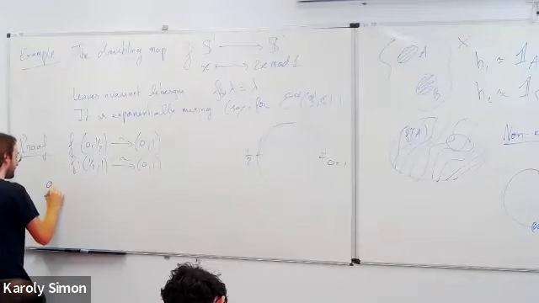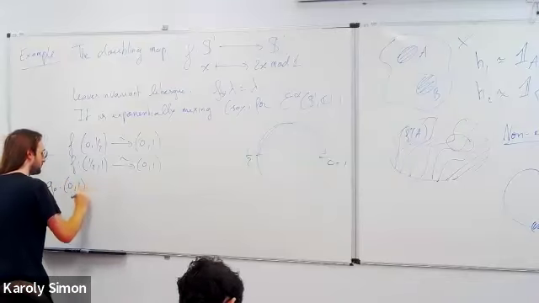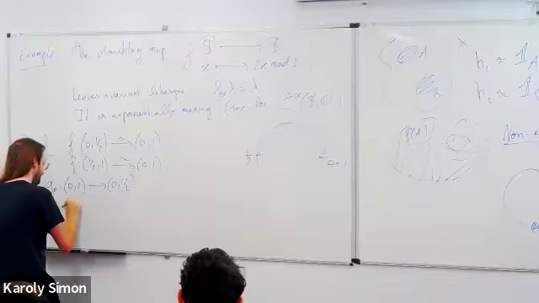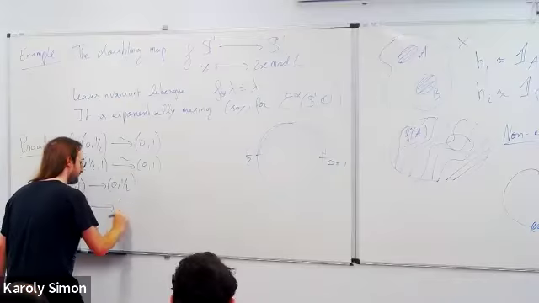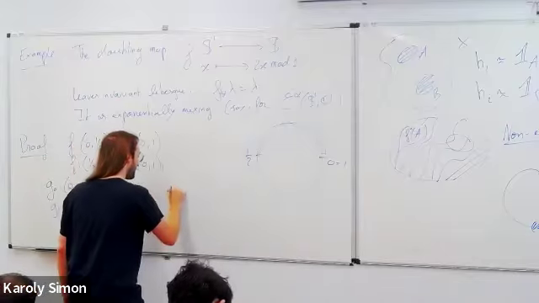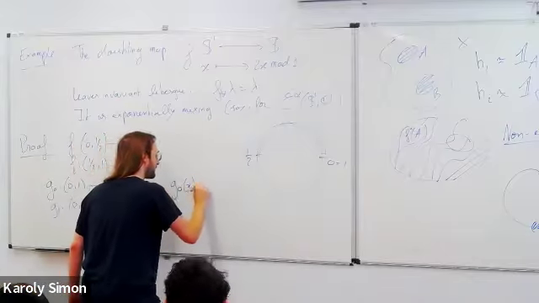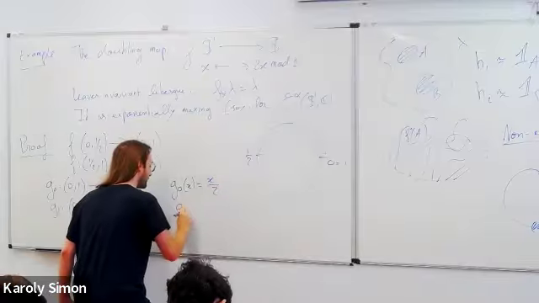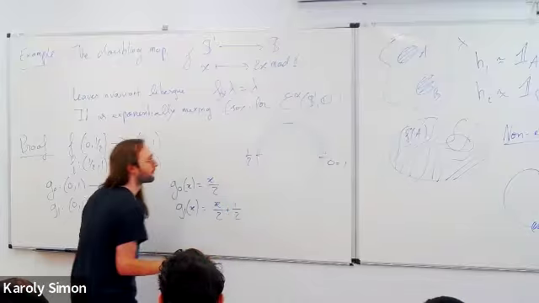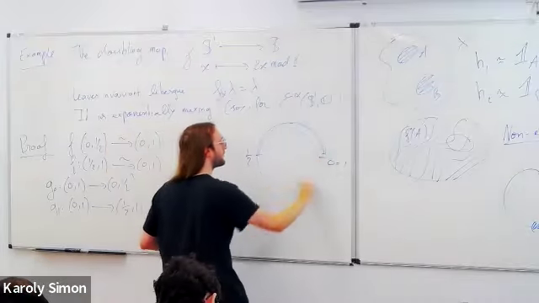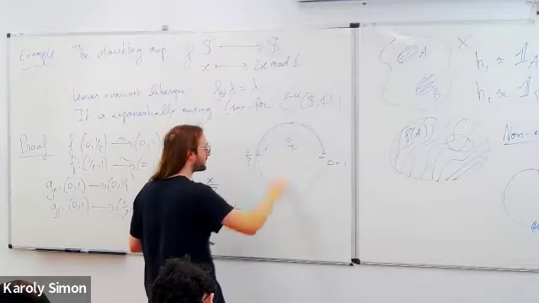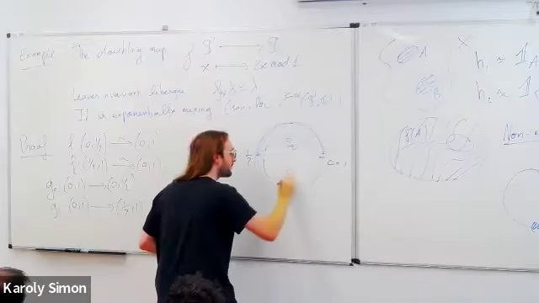I'm going to call them G0 and G1. So we have formulas: G0 of x is just x over 2, and G1 of x is x over 2 plus 1 half. So G0 sends the whole circle into this S0 part, and G1 sends the whole circle into this part.